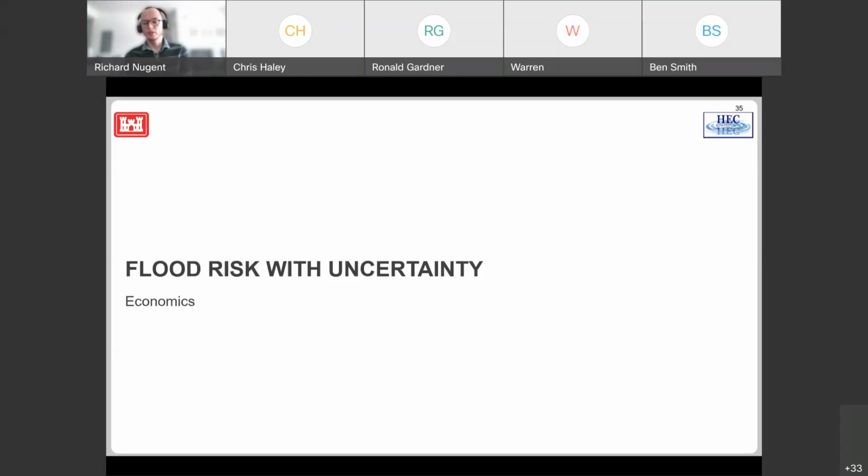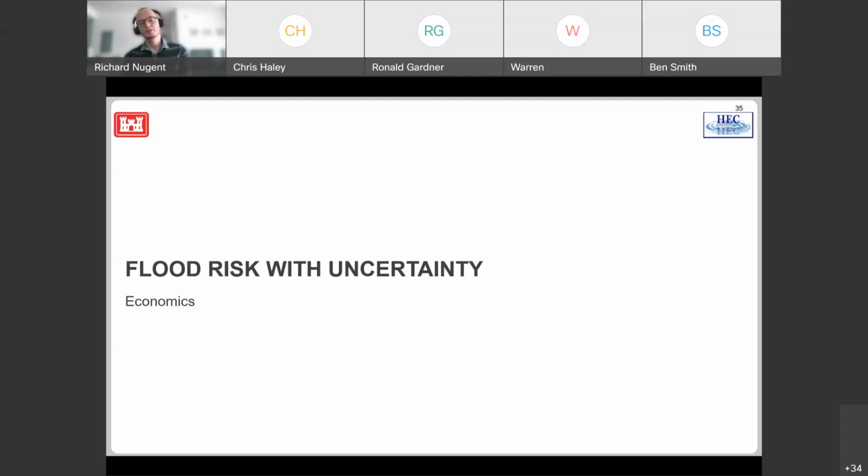There's a great question that we had right at the end of our last hour, and I want to talk about that question for just a moment. So there's a question about assessing risk for high hazard dams versus low hazard dams.